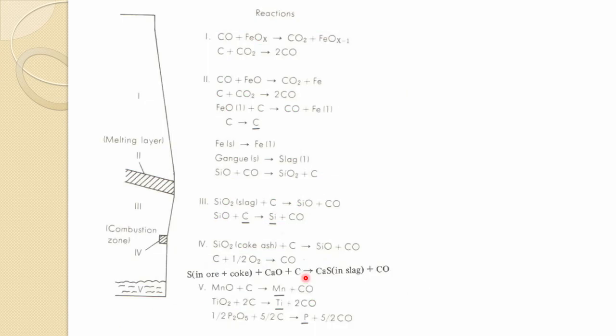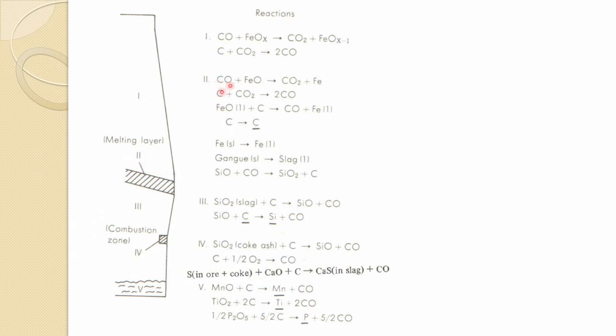If you look at the blast furnace in the stack region, you have various forms of iron oxides which get reduced into the lower one, and whatever CO2 is formed goes into CO. In this cohesive zone, once the solid comes up to here, mostly you get wustite in this region.